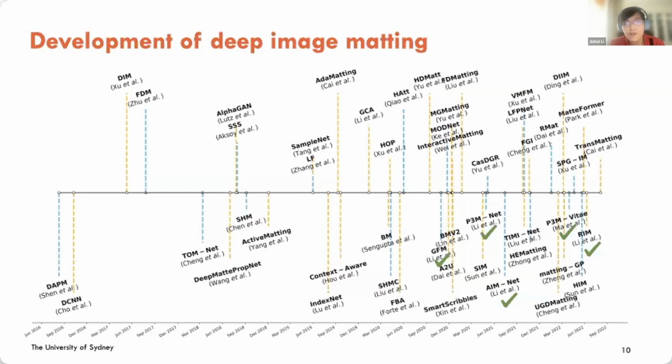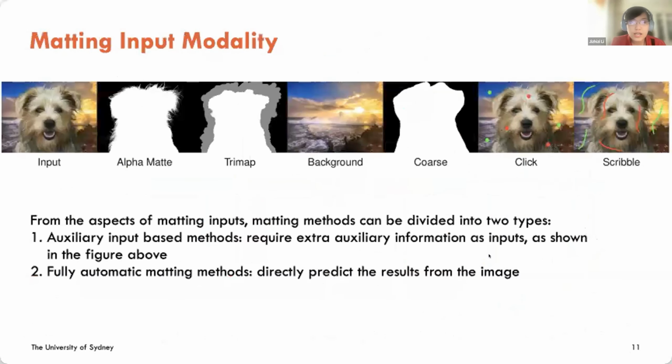And I have marked our work in green. We can say that especially from 2020 to 2023, there are so many people working on this field. In terms of the matting input, the user input, we can divide the matting methods into two types. One we call auxiliary input based.